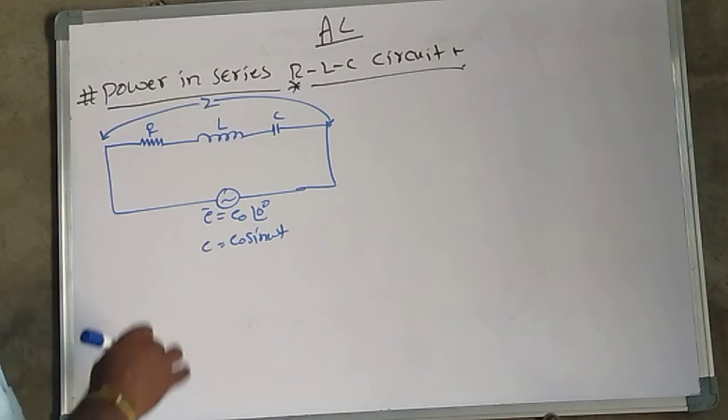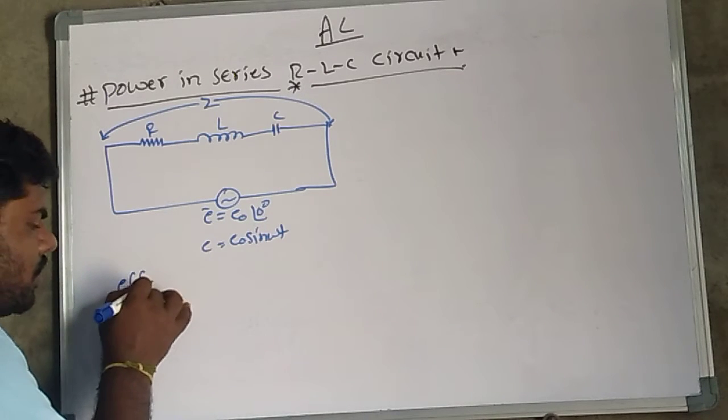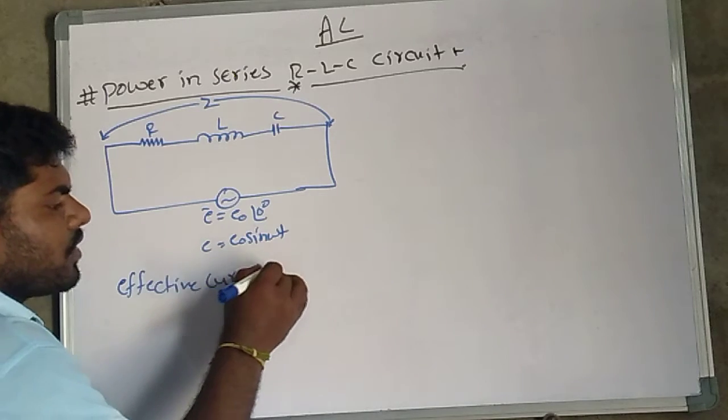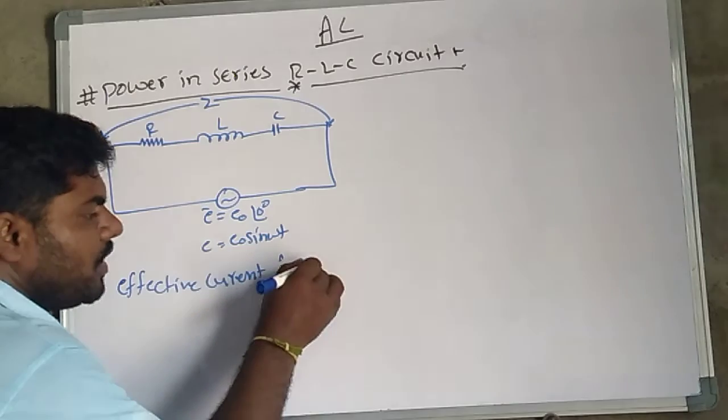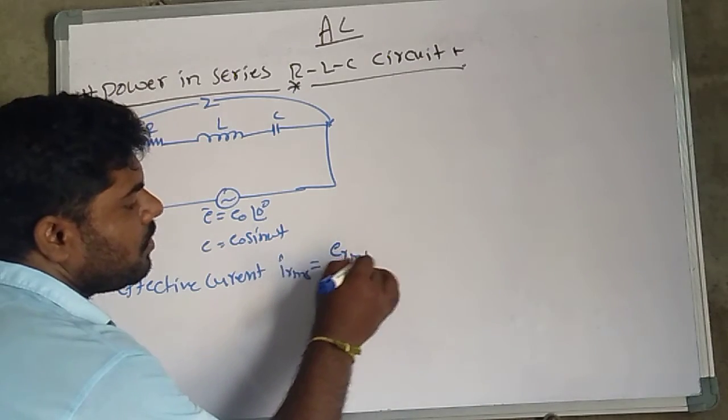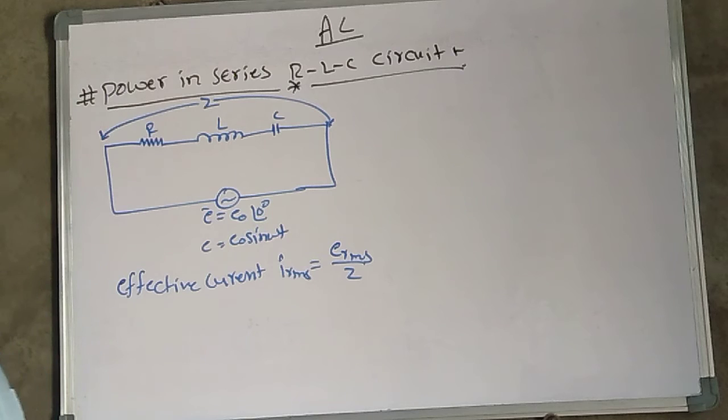So the effective current I_RMS is equal to E_RMS divided by Z, where we already know the Z value.